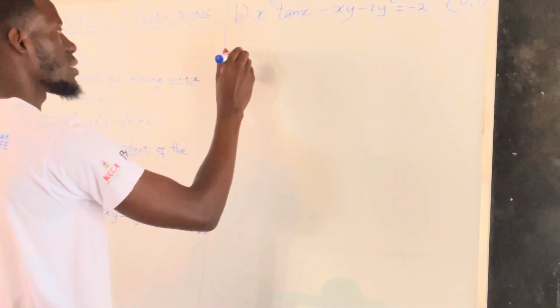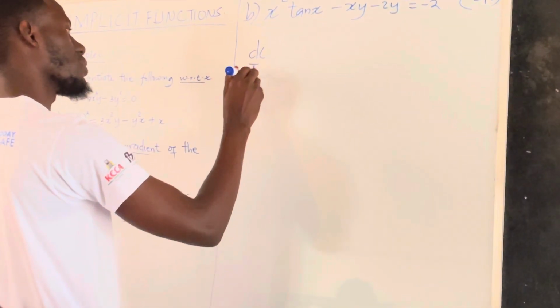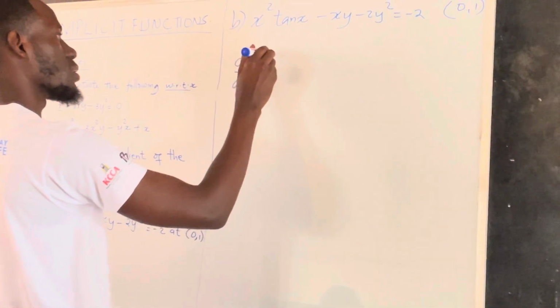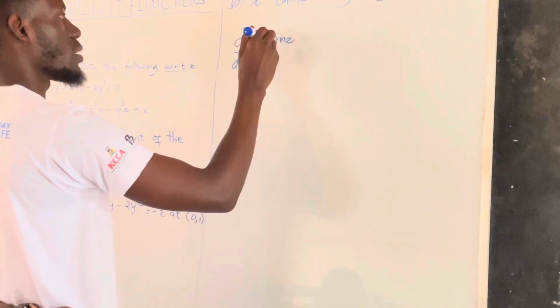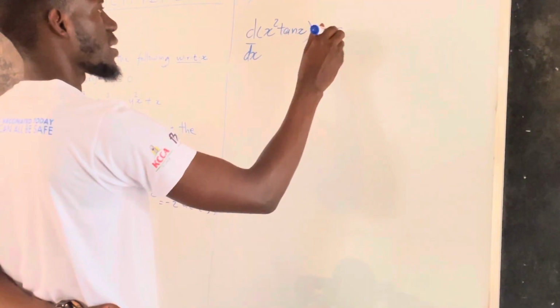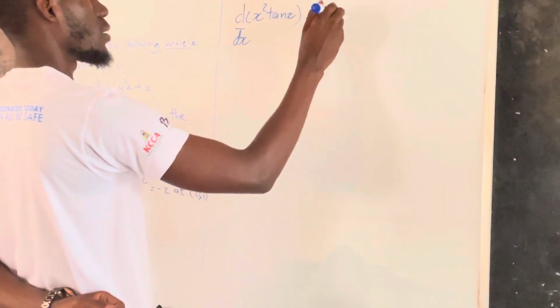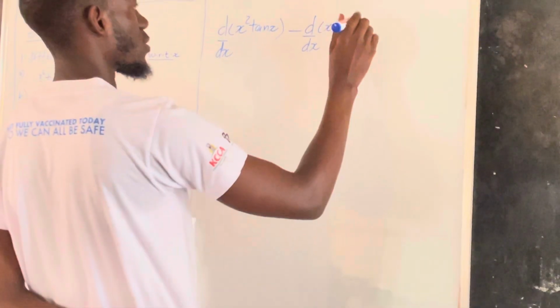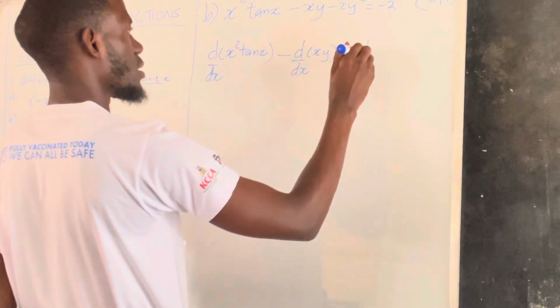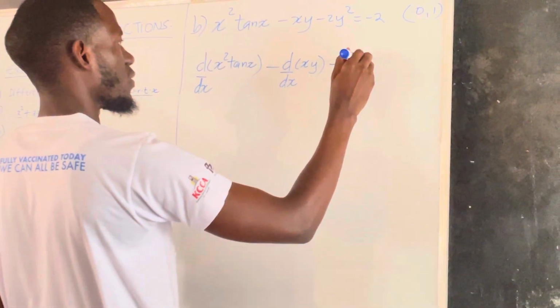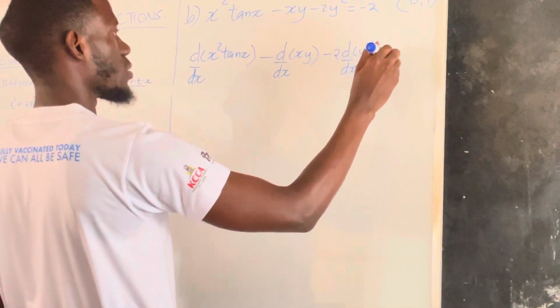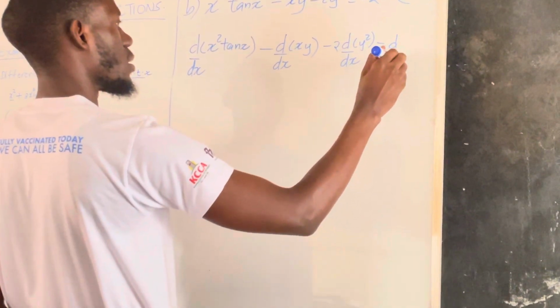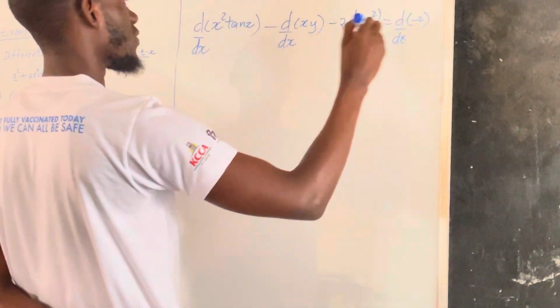So we start by differentiating each term independently. This is d/dx of x squared tan x, minus d/dx of xy, then minus, since 2 is a constant, I can factorize it out, d/dx of y squared, equal to d/dx of negative 2.